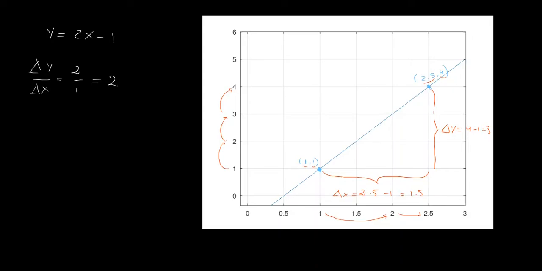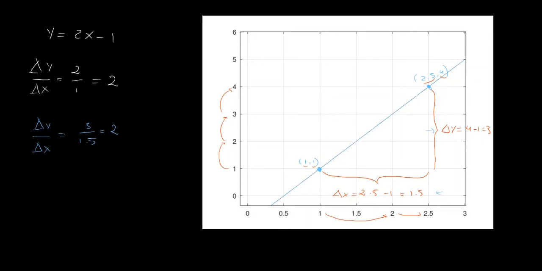So now for this other relation, we have that delta y divided by delta x is delta y was 3 divided by delta x was 1.5, and 3 divided by 1.5 is 2.